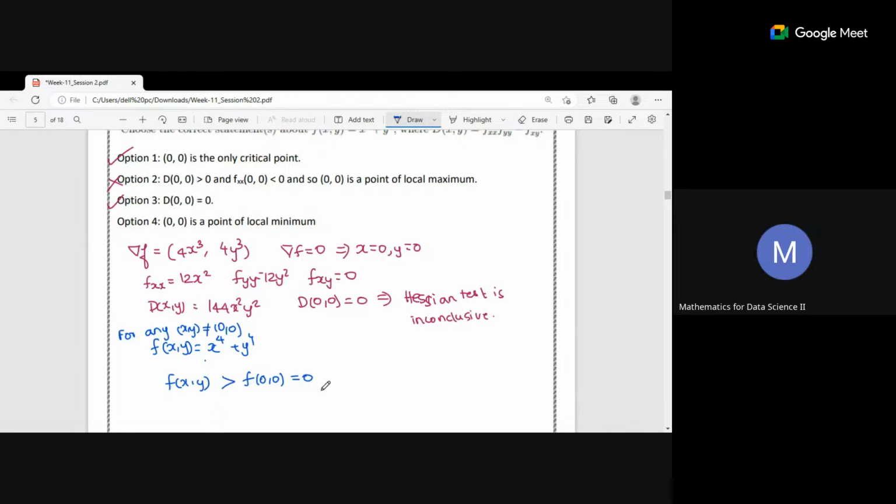So what can you say from this? It's an increasing function. Yeah? So you see f of 0 comma 0 is the lowest value for this function. So what can you conclude from here? At 0 comma 0, f takes the minimum value.